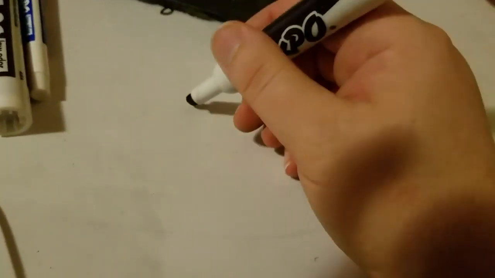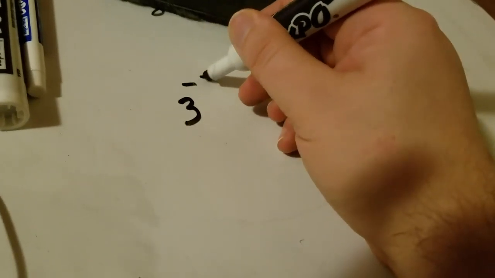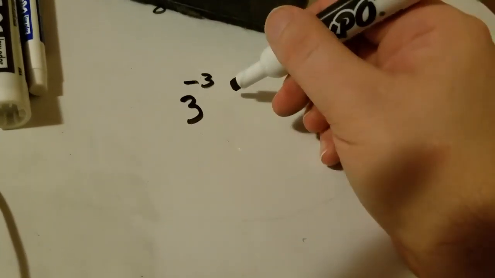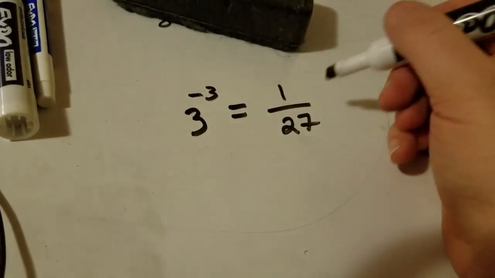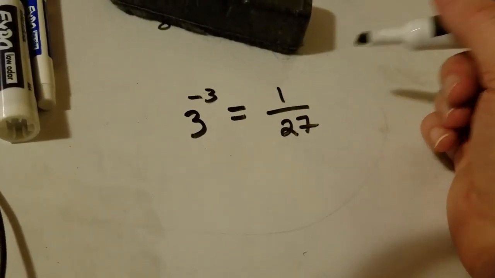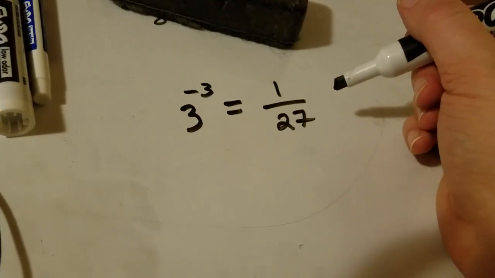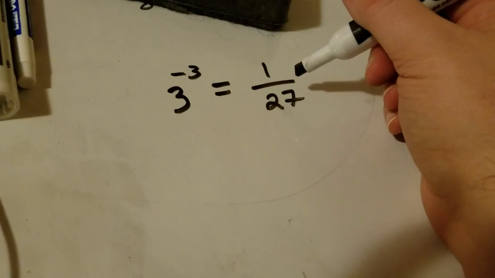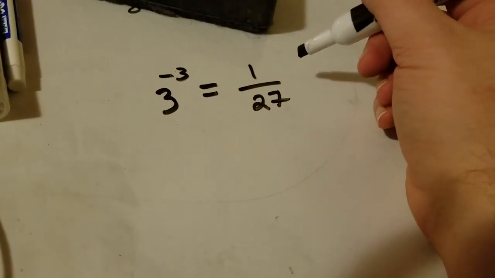So something like 3 to the negative third is not a negative number. This is equal to 1 over 27, which is a positive number, but it's just less than 1, okay? But it's not less than 0. So this is still a positive number, and sometimes that can be confused as well.